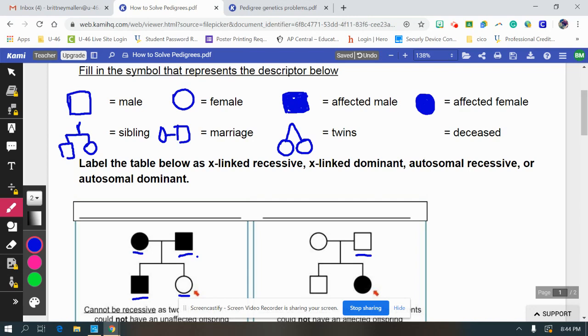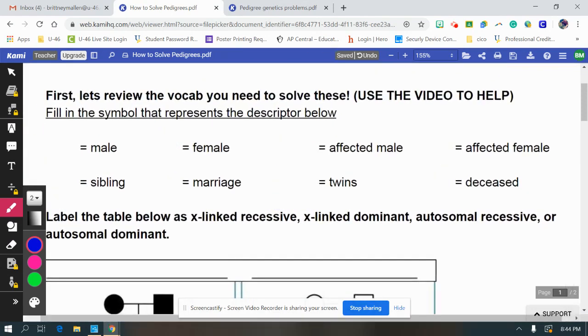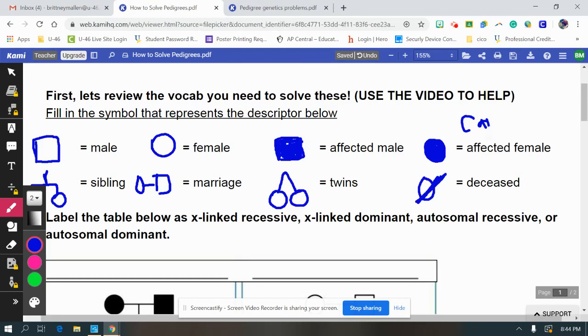And then the last one on here is deceased, which we use with a line to show that that person is no longer living. And then the one that we missed on here is a carrier, which you're not always going to see, but sometimes you will. And that we use a half shaded symbol to show that we have a carrier.